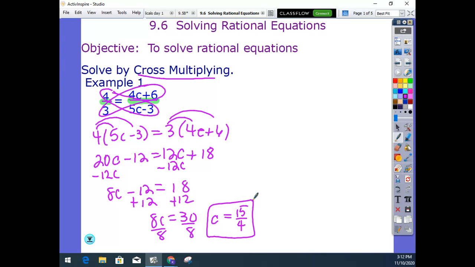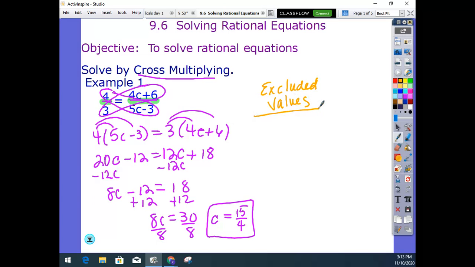Now, I'm going to caution you. The one thing you have to look for, I'm going to call these excluded values. Excluded values are any values of the variable that would make the denominator equal 0. Where do you see in the original problem a variable in the denominator? Right here.